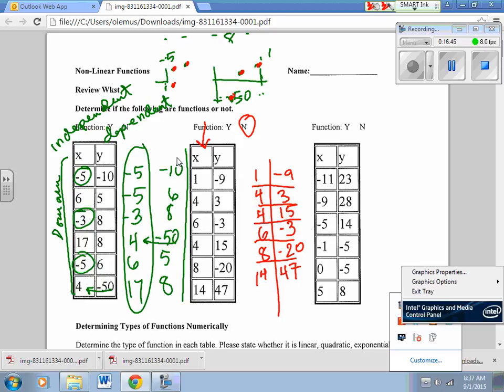Yeah. Okay. And the reason why I need you guys to rewrite them in order, because when I start showing you how to figure out if these tables represent a linear, quadratic, exponential, or any other graph, they have to be in order. If they're not in order, and you don't pay attention to that, when you start looking at the differences, at the changes in the numbers, that's going to mess you up, okay?